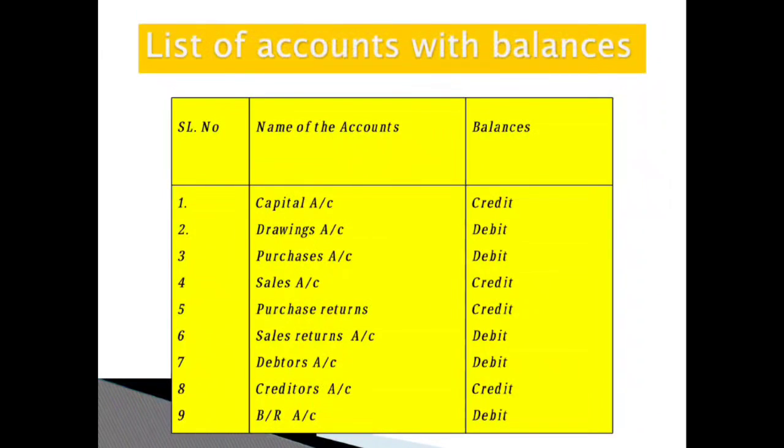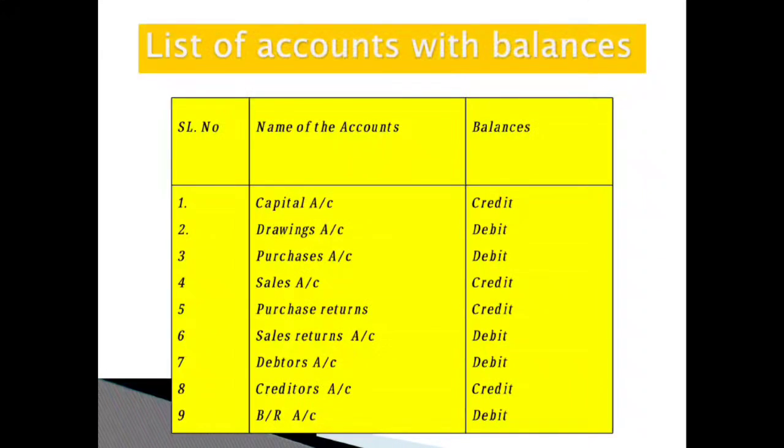Asset accounts show debit balance, liabilities accounts show credit balance, income and gains show credit balance, expenses and losses show debit balance, and capital always shows credit balance.